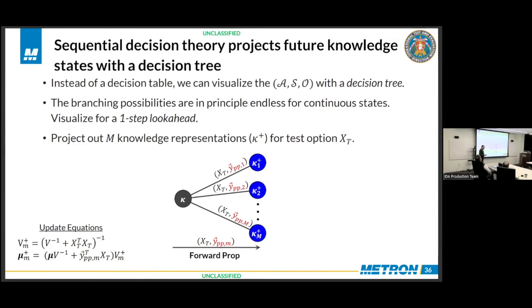Before, we were looking at decisions for that umbrella case where we said, okay, let's look at a decision table. For sequential decision theory, we're going to look at a decision tree. And so we're going to visualize this for a one-step look ahead, just for the ease of drawing this out on a slide. We're going to project out all these possible outcomes of performing a test.